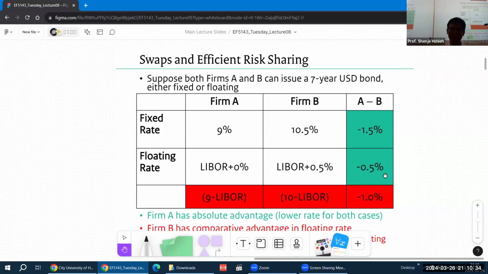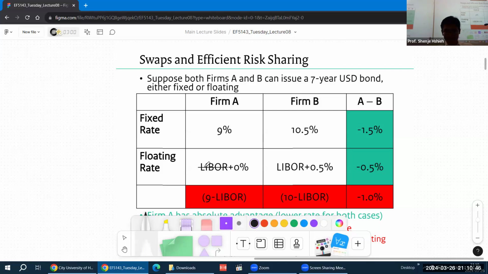Floating rate, firm A pays some variable rate, LIBOR. Of course, I haven't updated my slides, but LIBOR is no longer used. There's another interest rate, so let's call it what it is: SOFR, the secured overnight financing rate, the US dollar benchmark.